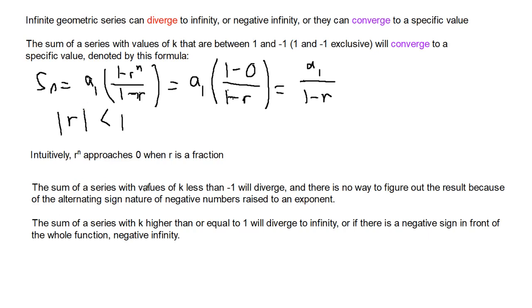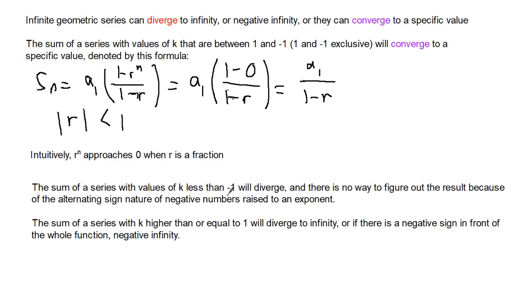And the sum with values of k greater than 1 in absolute value, they will diverge. They will go crazy. The limit doesn't exist because you will be adding positive numbers that are way bigger and then negative numbers that are way bigger. So it'll keep going up and down and up and down and up and down. So the limit doesn't exist, right? If it's equal to 1, or higher, it will approach infinity because it will be 2 plus 4 plus 8.